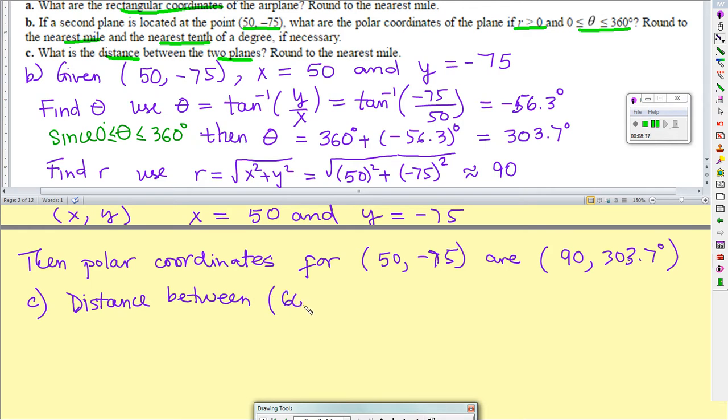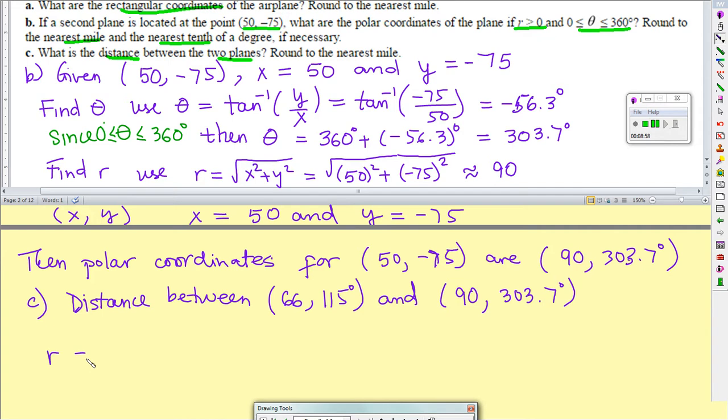The first plane is (66, 115 degrees), and the second plane is (90, 303.7 degrees).